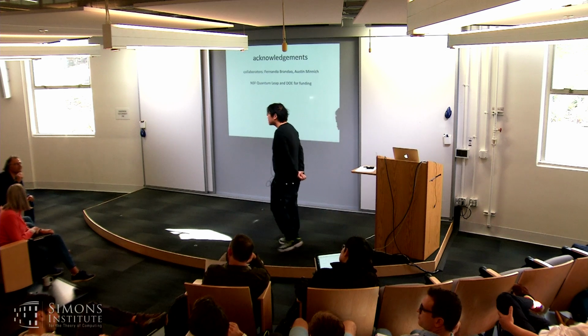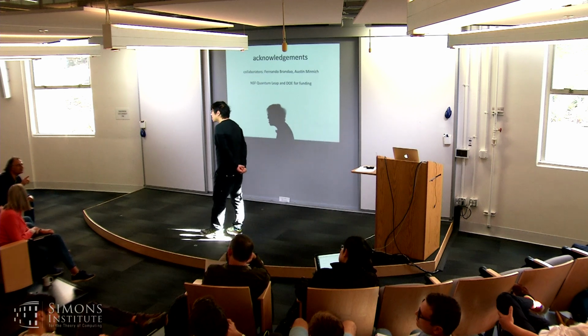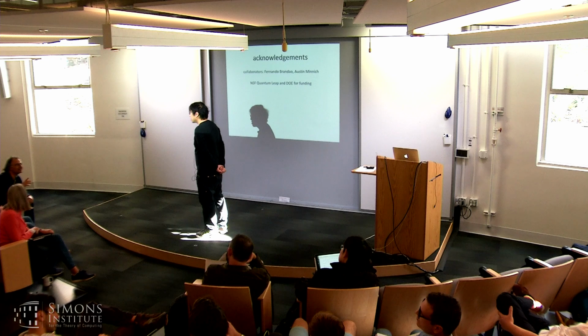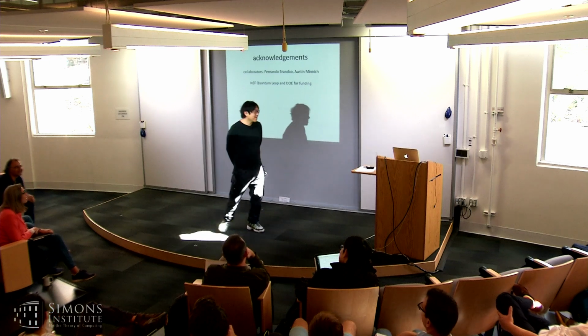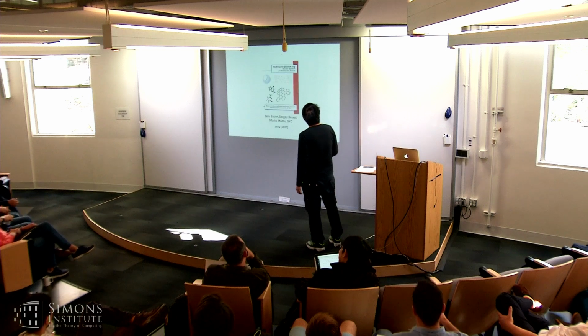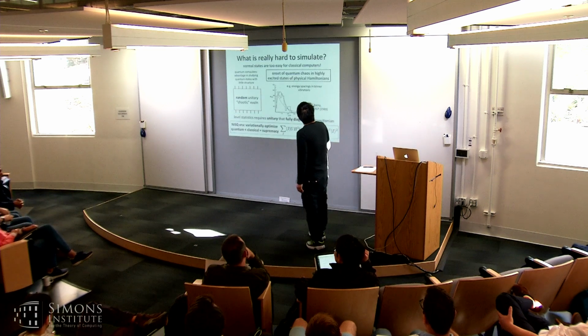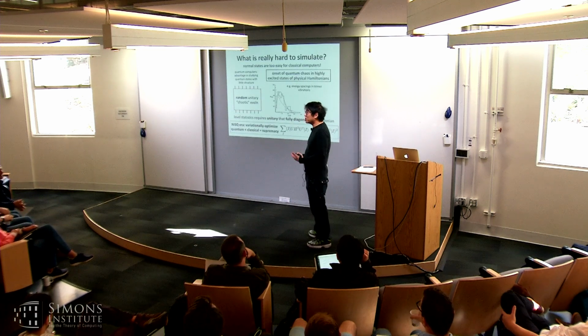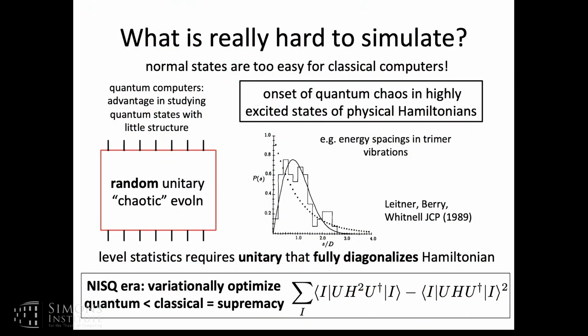Actually, I wanted to ask you, if you had the time to talk about supremacy, what would you have said? Well, roughly speaking, I'm just trying to say that I think most states that we usually think about are too easy. So the problem that I'm aware of in chemical physics that is closely related to supremacy is the onset of quantum chaos.